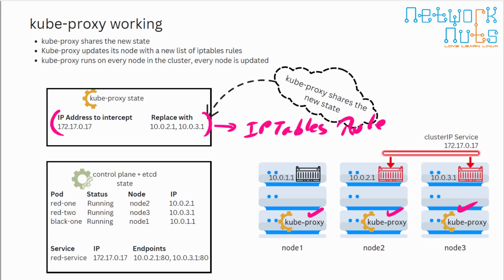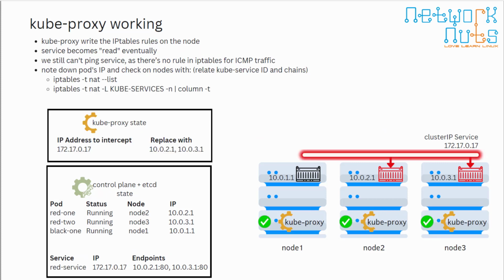The moment a service is added, Kube-Proxy takes this entry and creates an IPtable rule, and Kube-Proxy then modifies the operating system and adds that rule. The green tick means that IPtable is modified on all the machines. Why on all the machines? Because Kube-Proxy is running as a daemon. It is running on all the machines. So every machine will have the IPtable modified for this NATted corresponding entry.